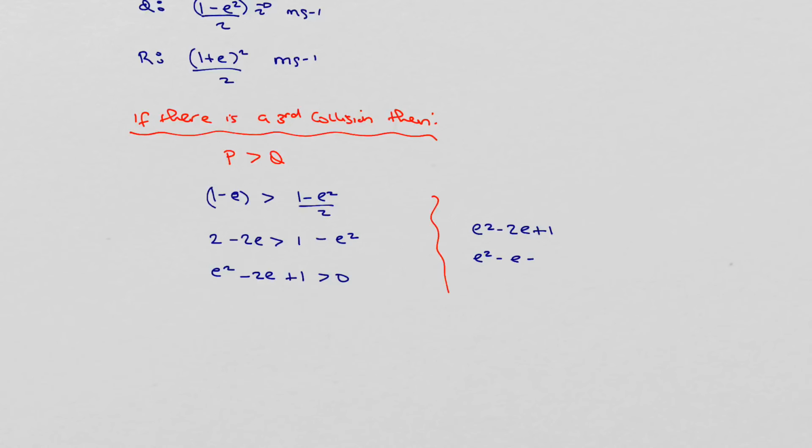So in other words, this can be written as (e minus 1) squared greater than 0. And that's obviously true, because any real number squared is positive.